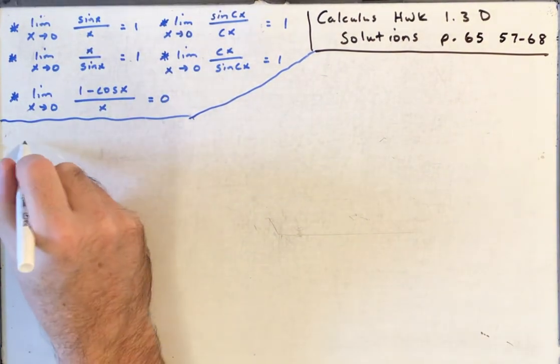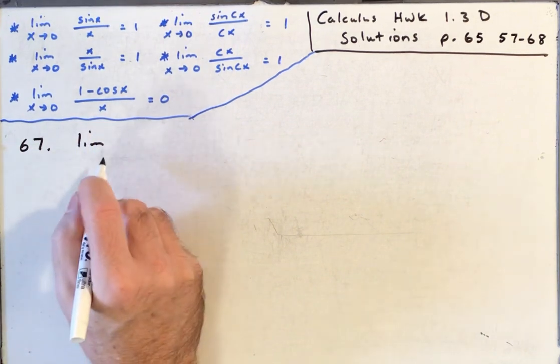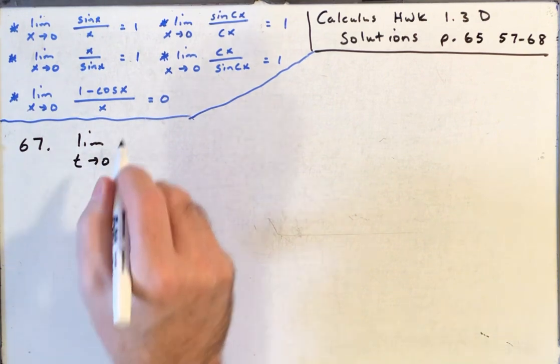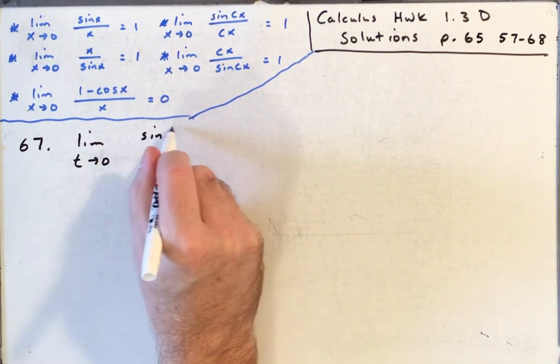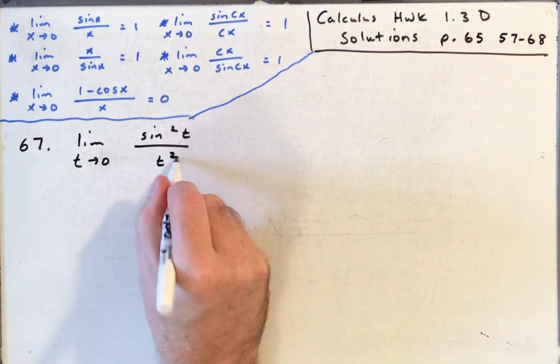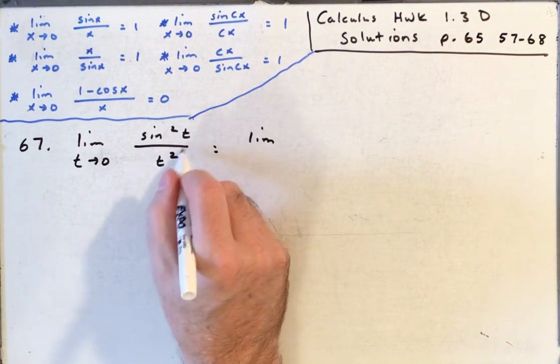So 67, we have the limit as t approaches 0 of sine squared t over t squared. We can rewrite that. Let's just break the sines and the t's up.